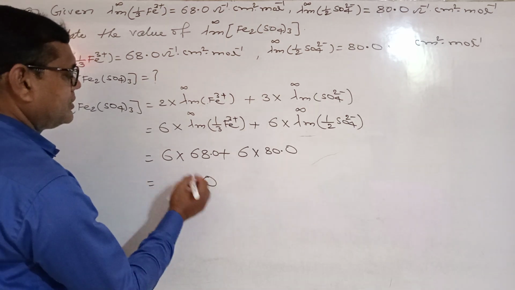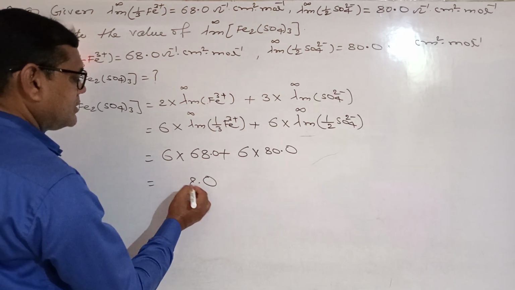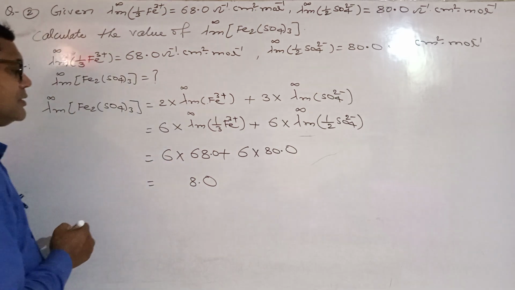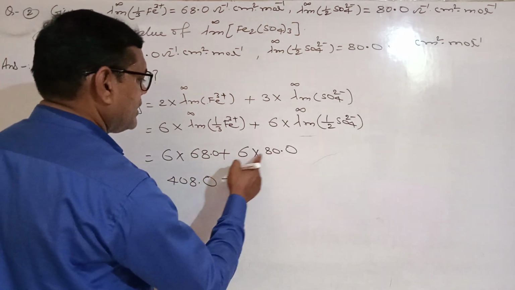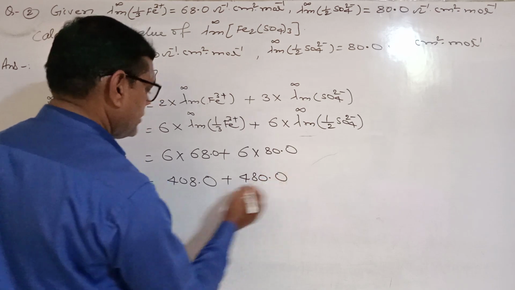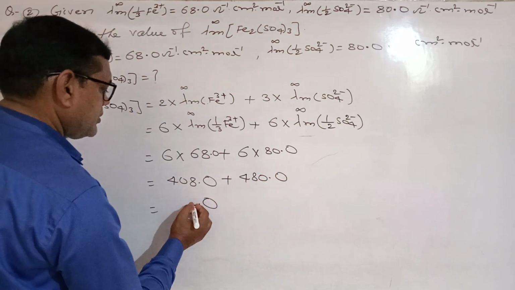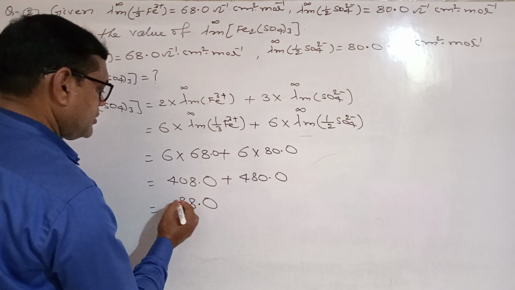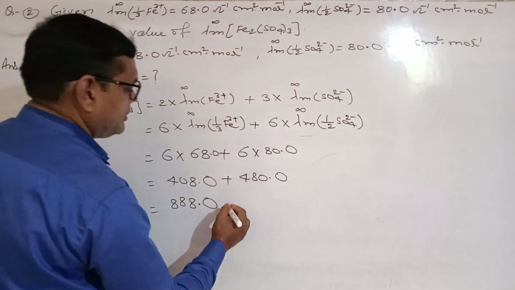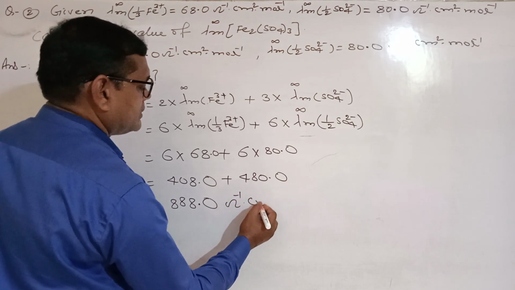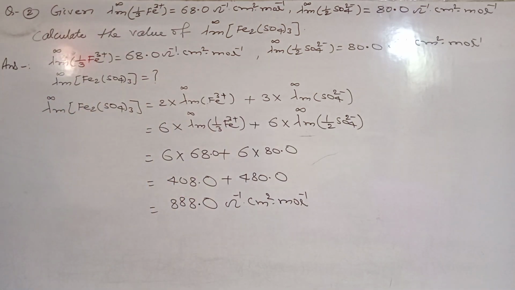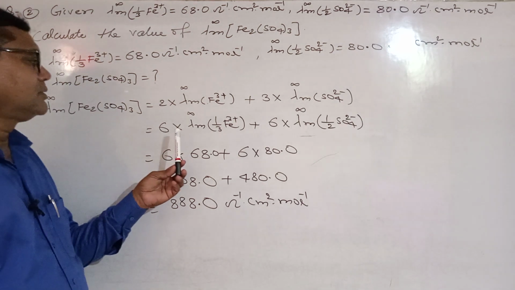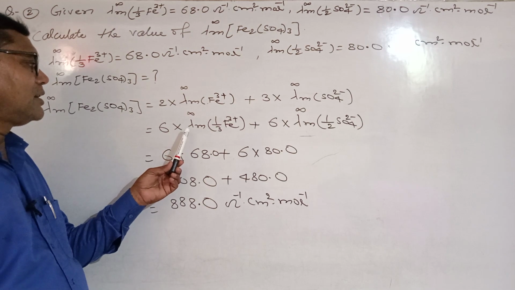We multiply 8 and 6. The unit will be ohm inverse cm square mole inverse. It is the answer.